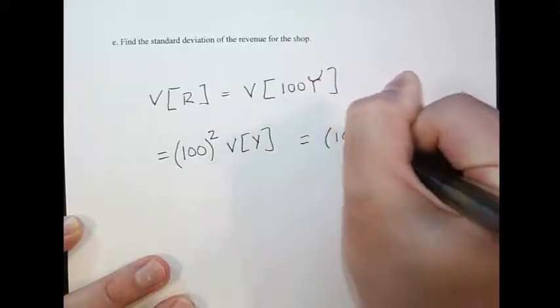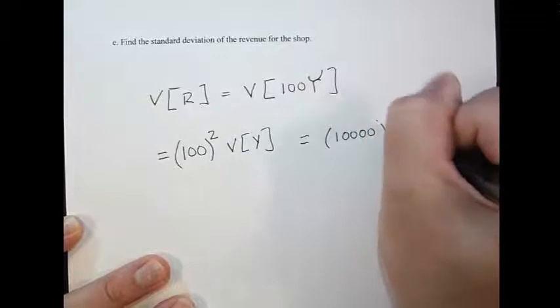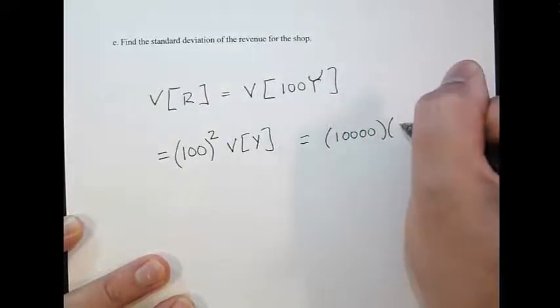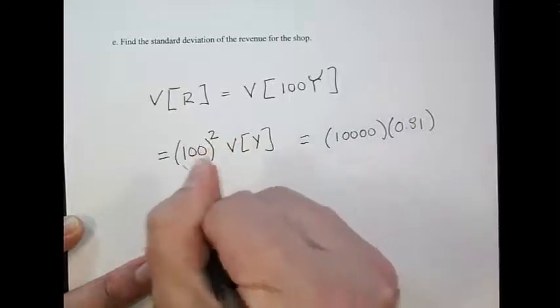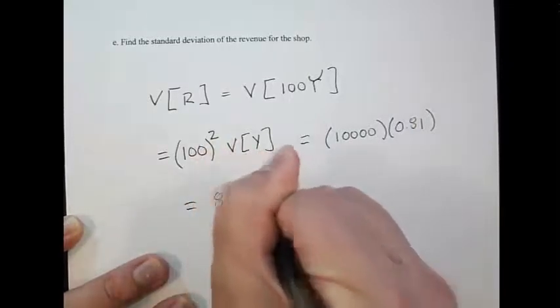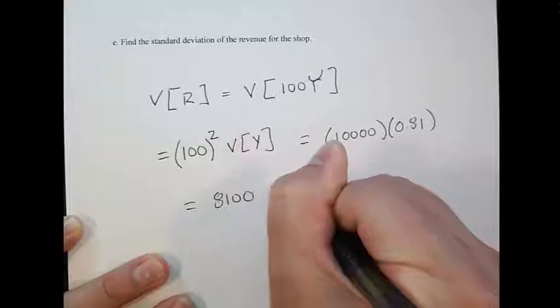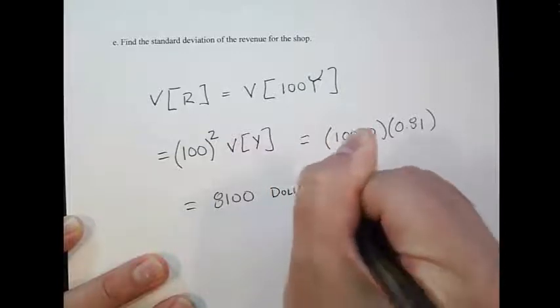Once I have that, then I can multiply by the 0.81 that we found previously, which then gives us 8,100 dollars squared.